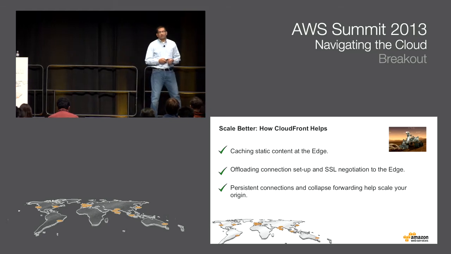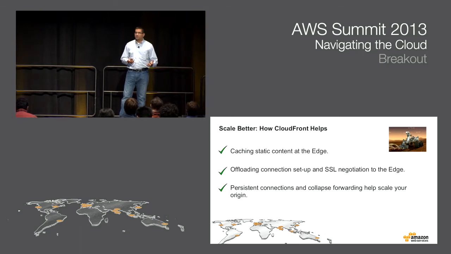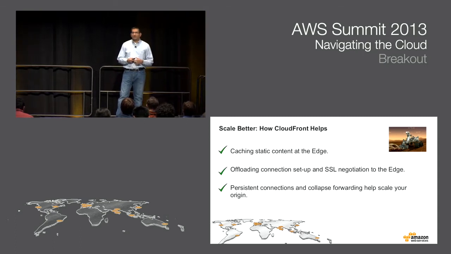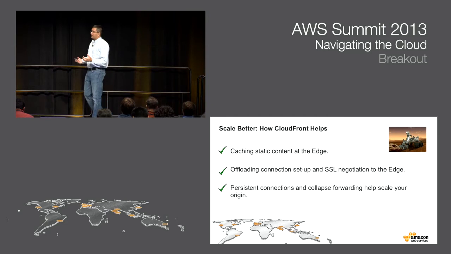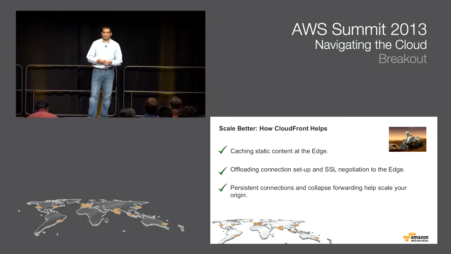And they used CloudFront to deliver the entire website, both the dynamic and the static portions of the website, via a single CloudFront distribution so that they could really scale as new images from Mars arrived and were stored in an S3 bucket. CloudFront was fronting that bucket and was able to scale for the end users that wanted to see those new images.